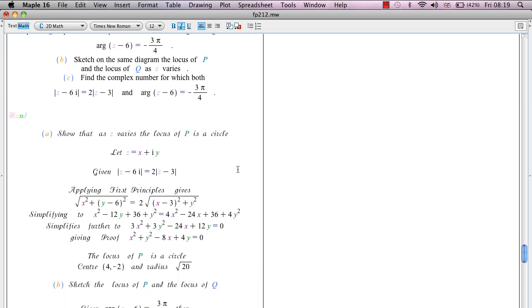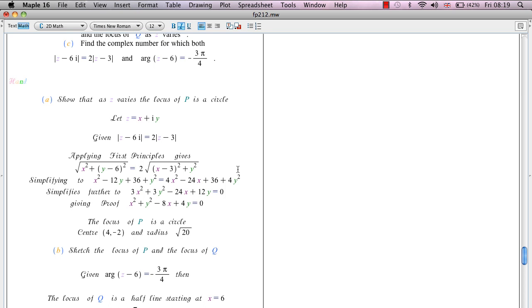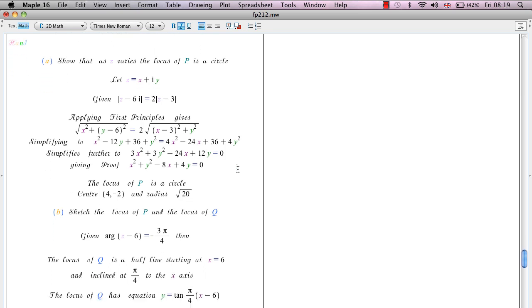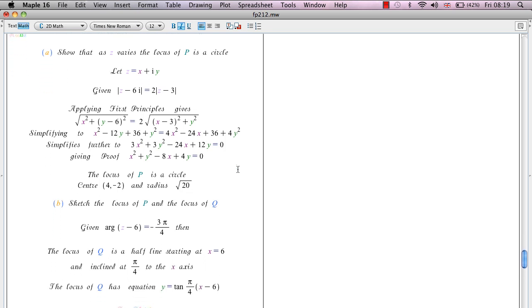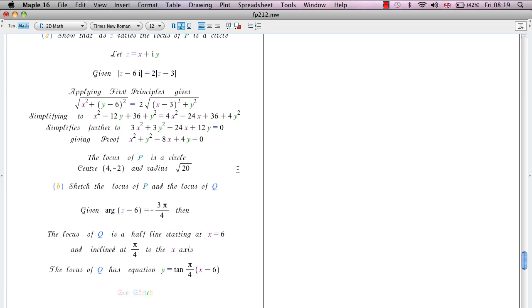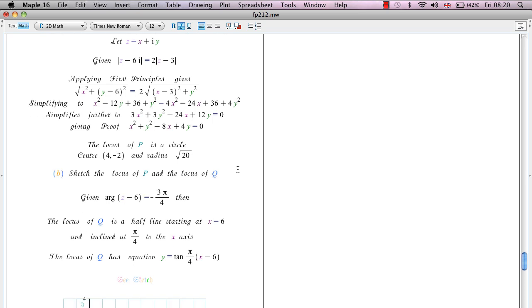So for part A, applying first principles, evaluates to a circle, giving the proof with center 4, minus 2 and radius root 20.